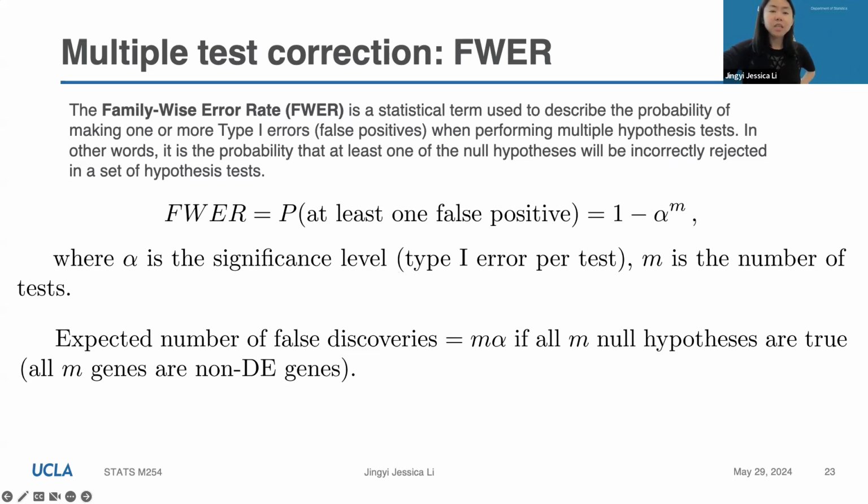Besides this probability going up as m goes up, where m is the number of tests or number of genes, we also expect the number of false discoveries to increase. If your m tests are independent, each test has probability alpha of being a false positive, so the expected number is m times alpha. And this number will also go up as you have more tests.